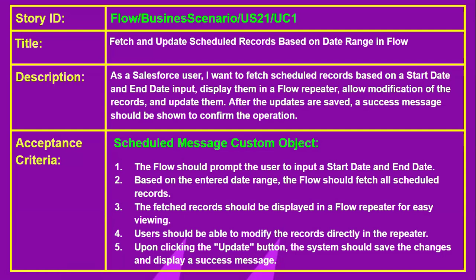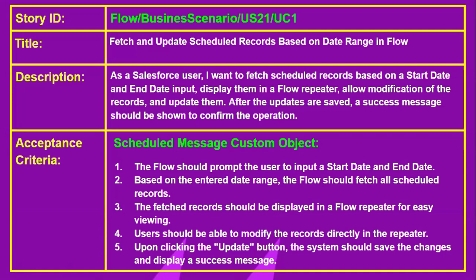Those records we display in the flow repeater. The user can modify those records and click on update, and we update the records. Finally, we display a success message to confirm that the records are updated. So this is the business scenario.